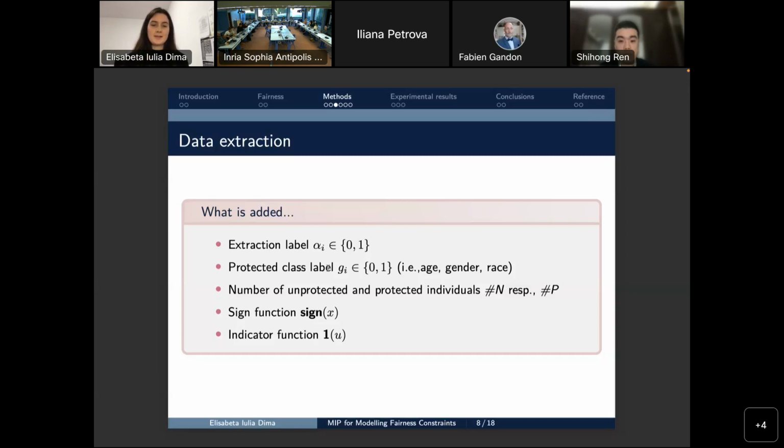And we also added some labels and variables that express the sensitive categories in our data set. We also need some non-continuous functions, for example the sign function or the indicator function, in order to express the fact that some individual is classified on the positive part of the space or the negative.